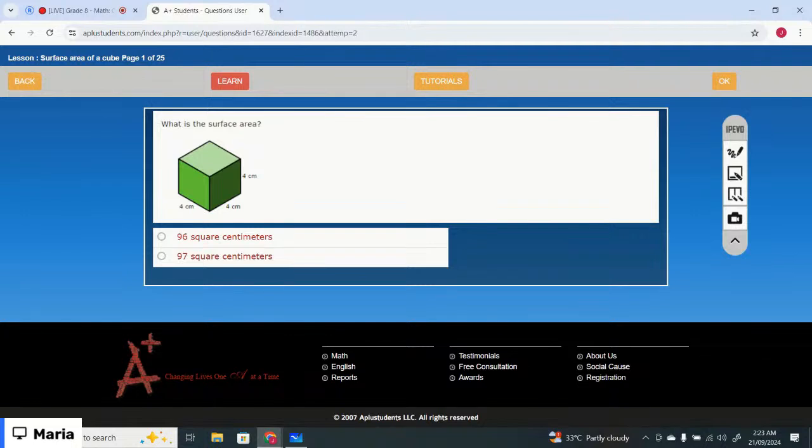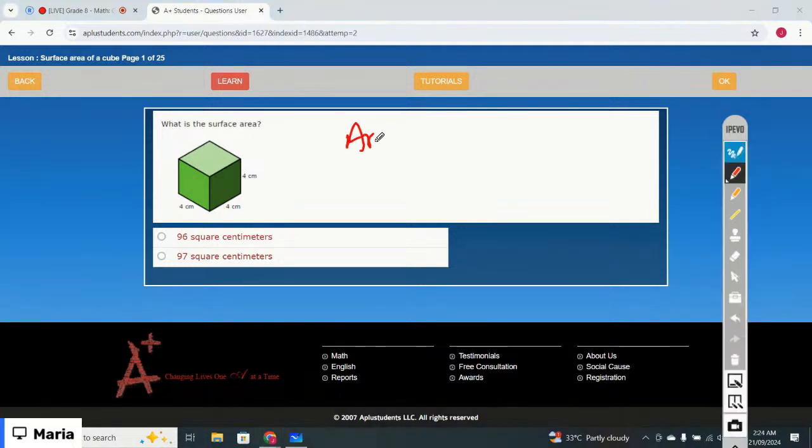What is the surface area? You need to calculate the area of one face.